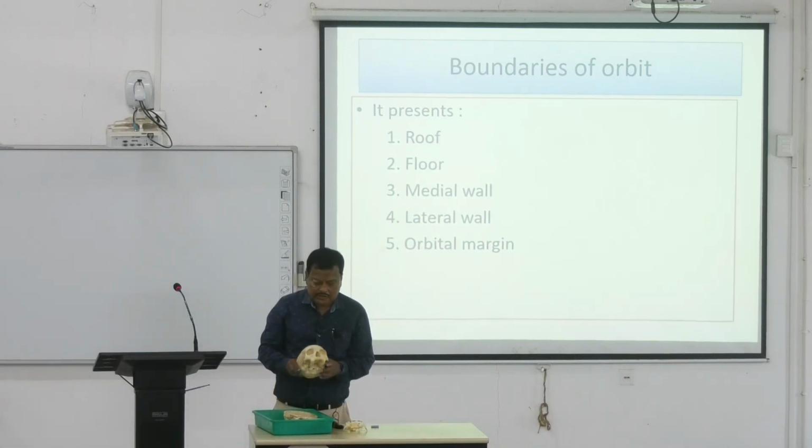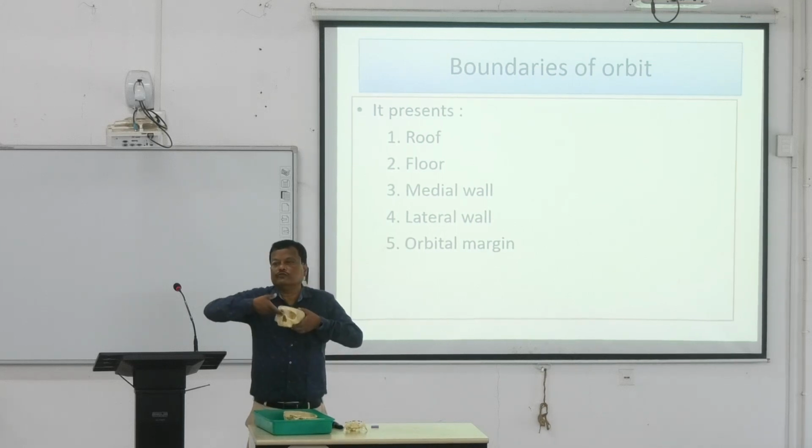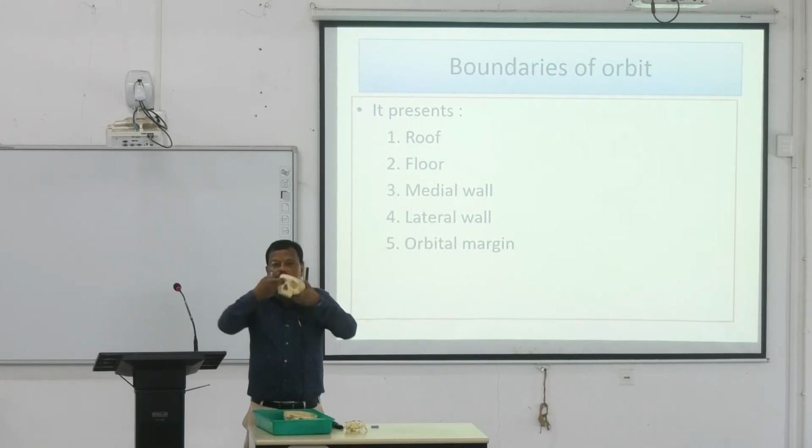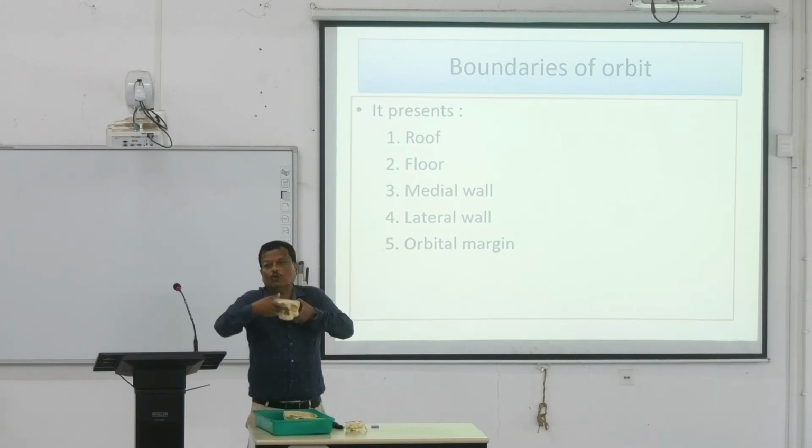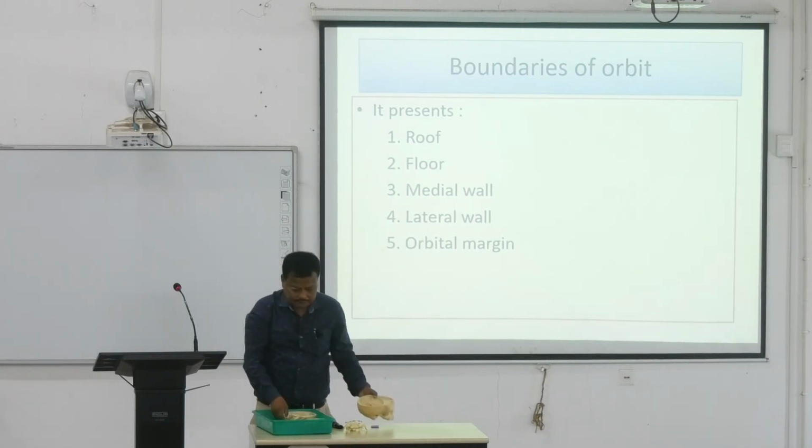Apex আগে বলে দিয়েছি, base বলে দিয়েছি। So it is the roof. It is the floor, it is the medial wall, it is the lateral wall. Roof, floor, medial wall, lateral wall.